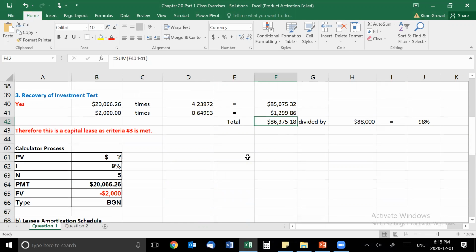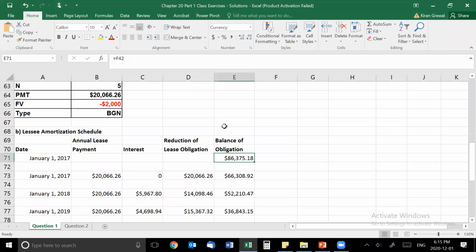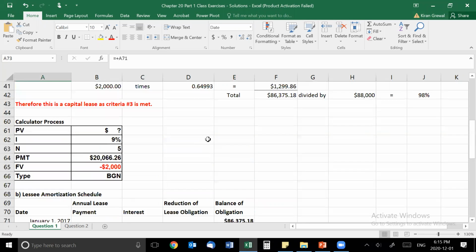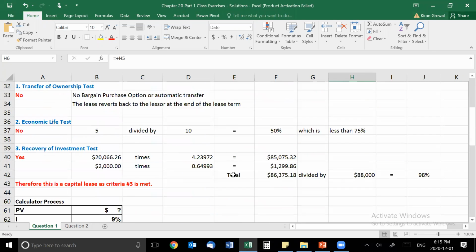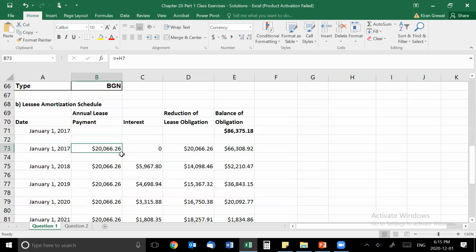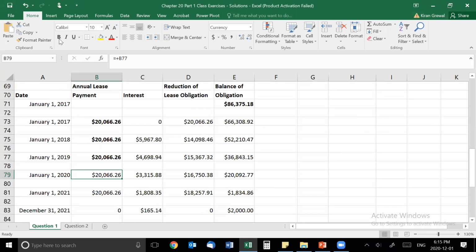So this is 86,375. Also on January 1st, you're going to have a lease payment. The first lease payment is January 1st, 2017, of 20,066, and every year you're going to have a lease payment of 20,066.